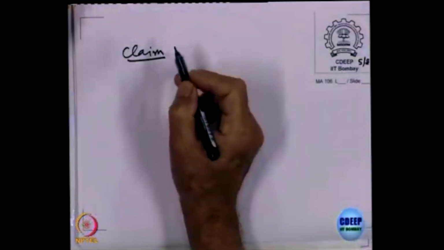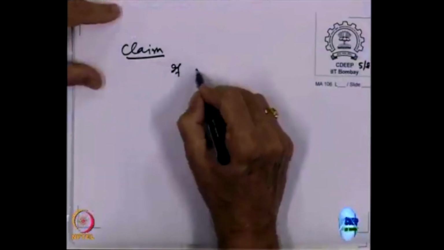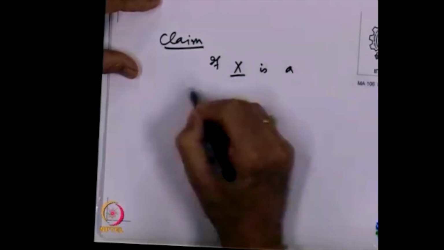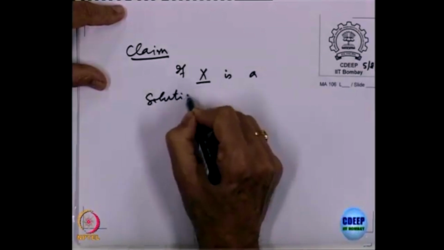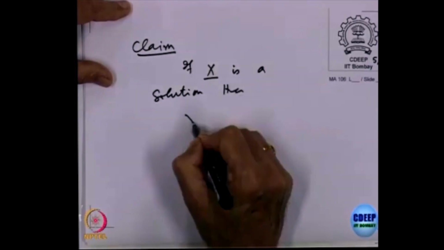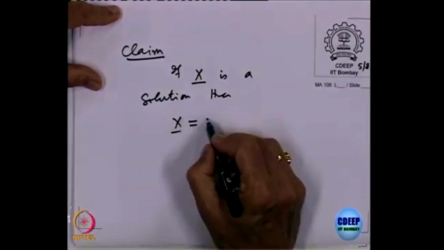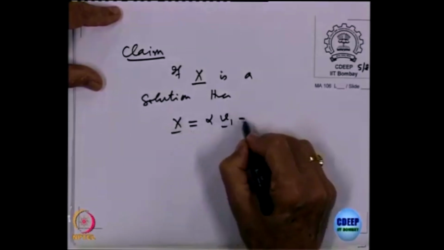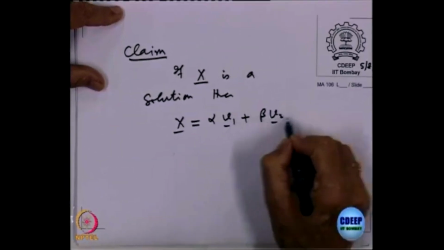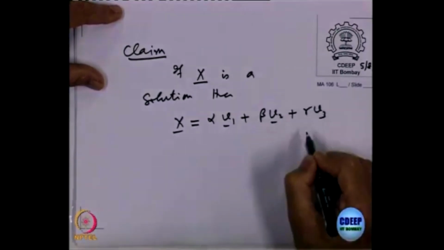Okay, let me just write the last thing here. Claim: if x is a solution, then this x should be equal to alpha times V1 plus beta times V2 plus gamma times V3.